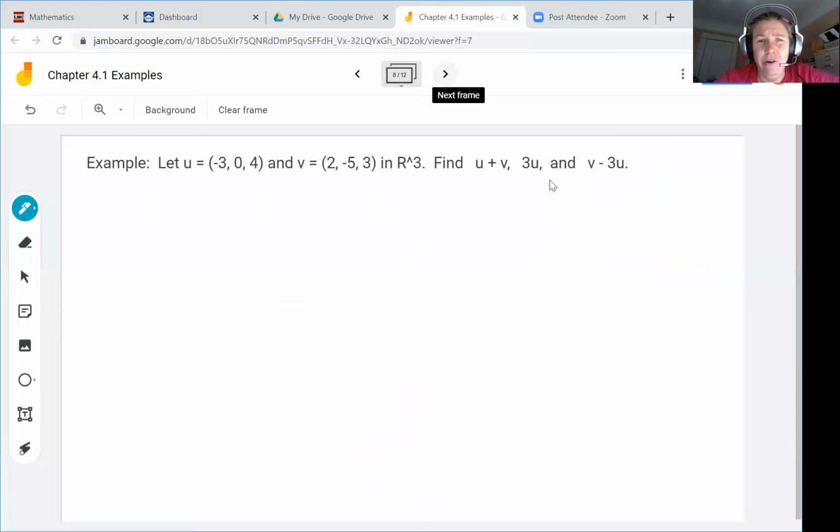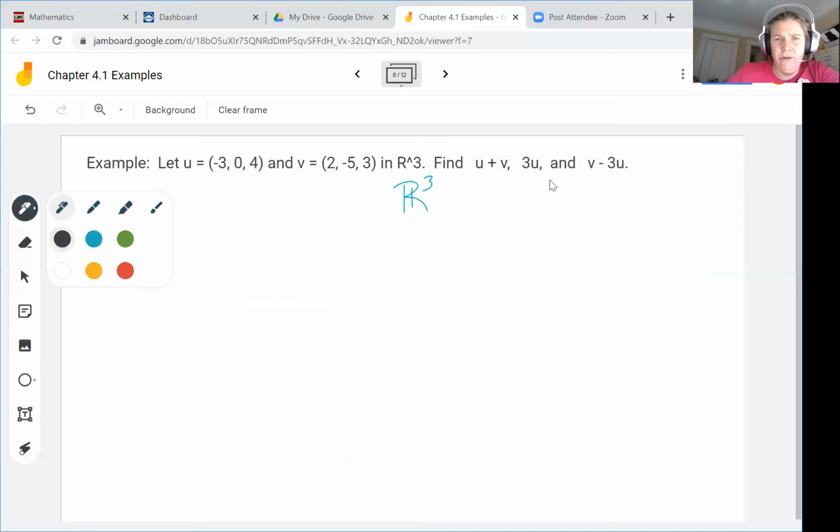Okay, we are going to do some calculations in R3. I'm not going to try to draw them. And so when I did R caret 3 here, that's what I think of as R3, written like this. So I'm going to give it my best to calculate these without making any arithmetic errors. So u plus v, I'm going to do component-wise addition.